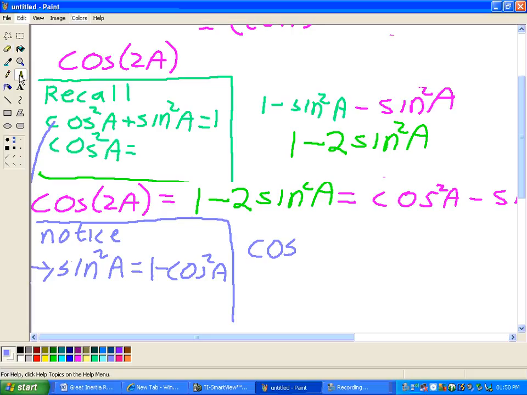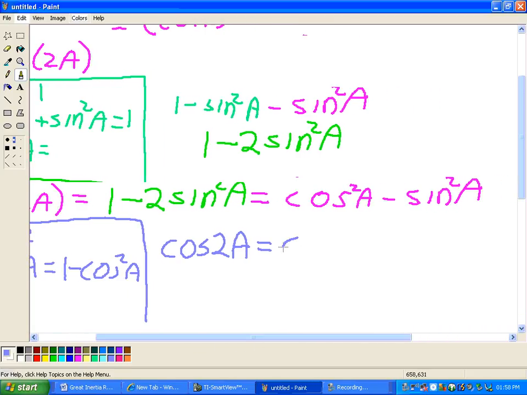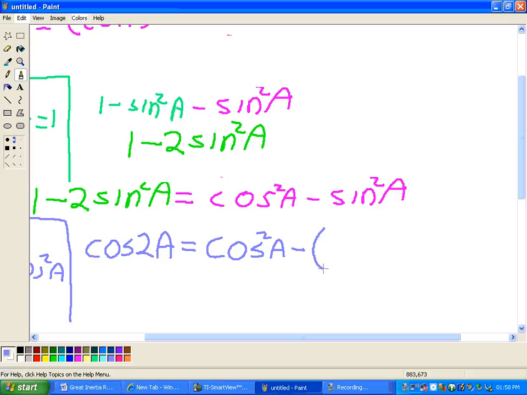Then I could have said that the cosine of the double angle is cosine squared minus cosine squared A. When you look at this negative sign, he's got to go two places.